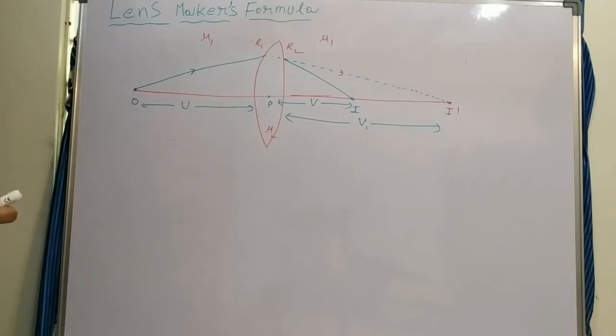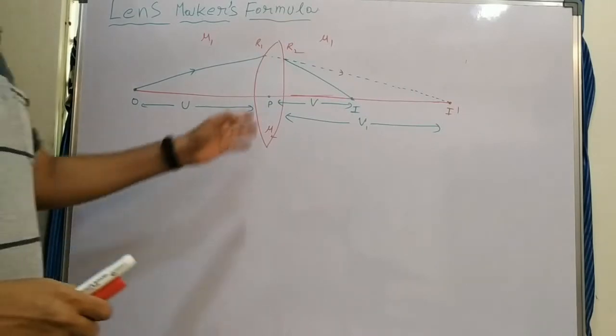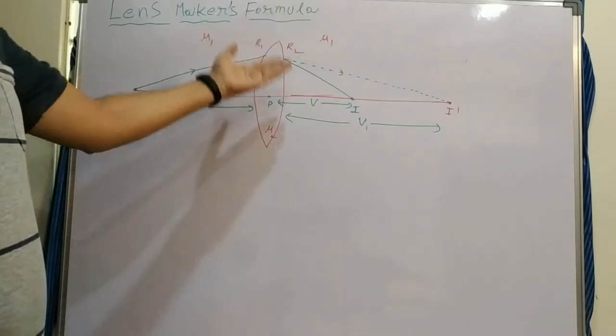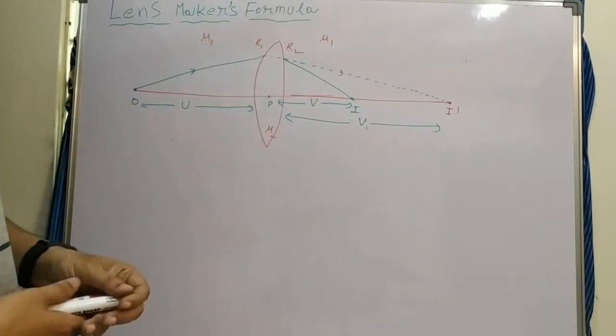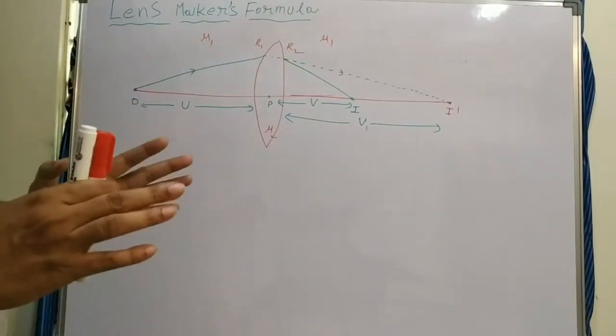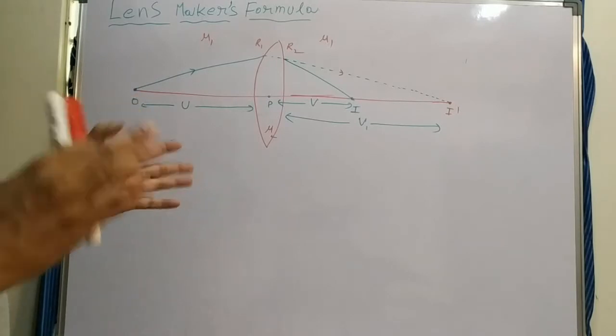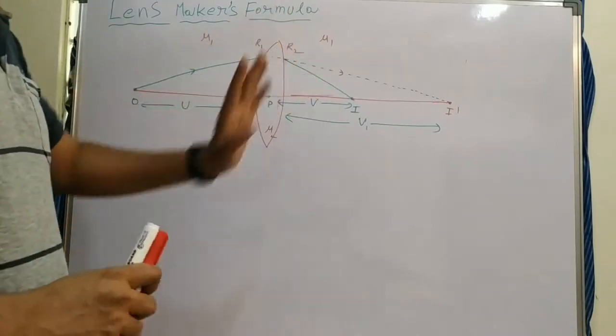So we assume two images, but we finally observe only one image, which is formed after modification.